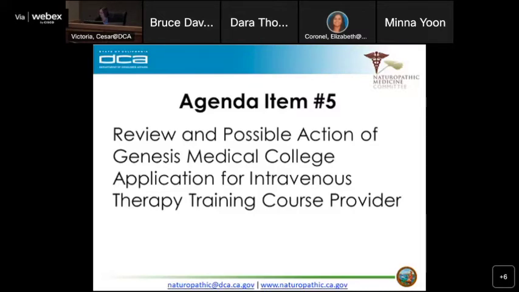And then, of course, the Genesis Medical College course information. And then lastly, I believe that there's the CV included of the instructor, Crowley. So those items were provided to our committee members, and I hope that you all were able to review that and then to look and make sure that it met the requirements in our IV therapy.